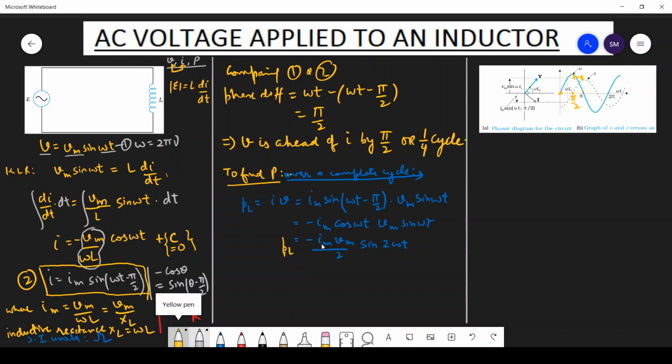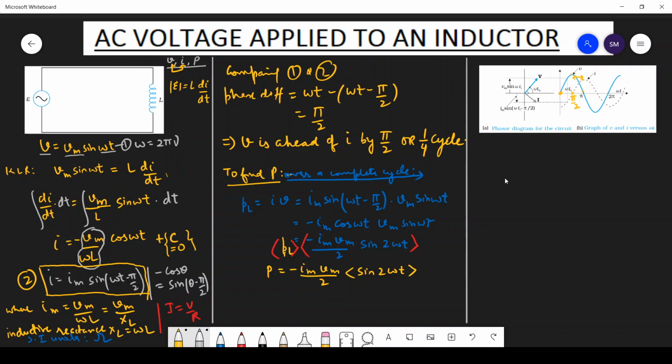So taking average both sides, I can write this symbol over here and over here. So taking average both sides, I can write PL as capital P. This constant will come outside: minus Im Vm by 2 and sine 2 omega t. Now look at this sine theta.